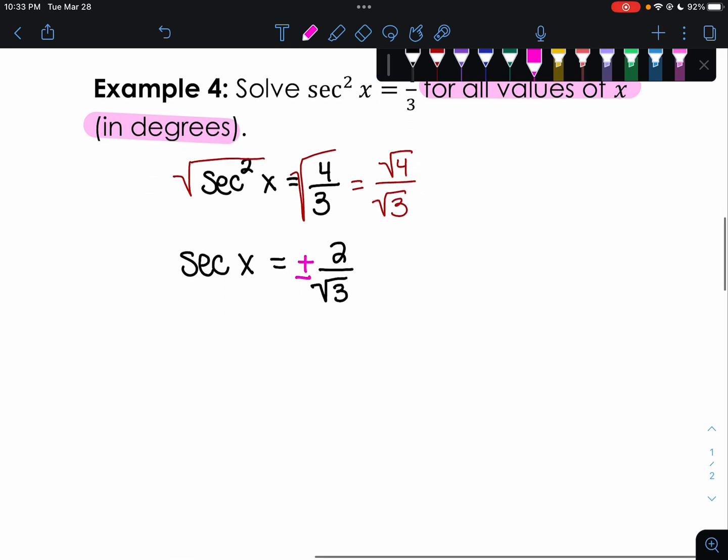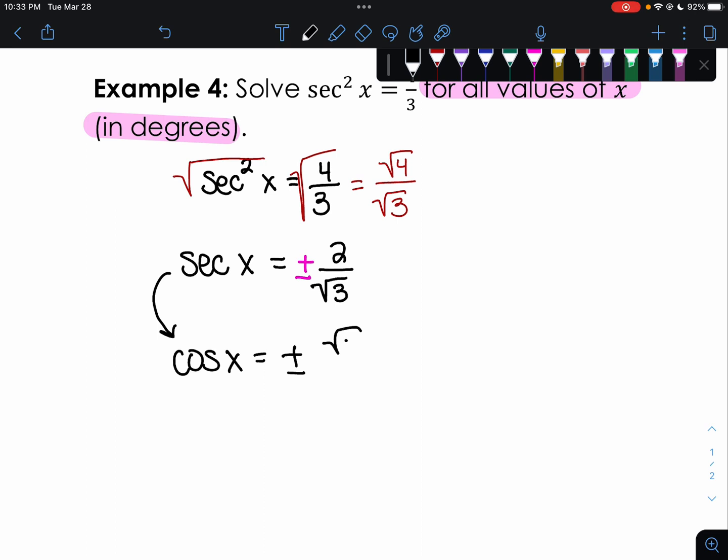So now that we have that, we do not know secant. We have not been focusing on secant with the unit circle. So all we're going to do is switch this into something we do know, which is cosine. Cosine is the opposite of secant, meaning all I'm going to do is flip that fraction and get rad 3/2.